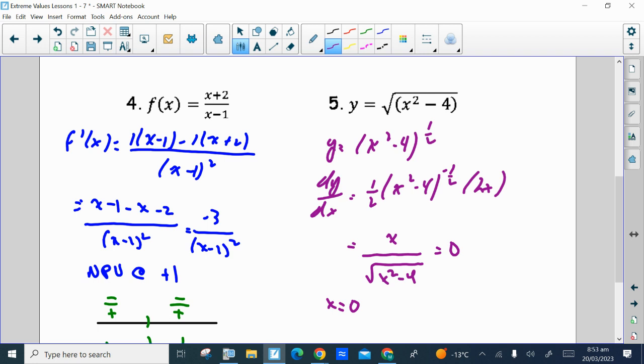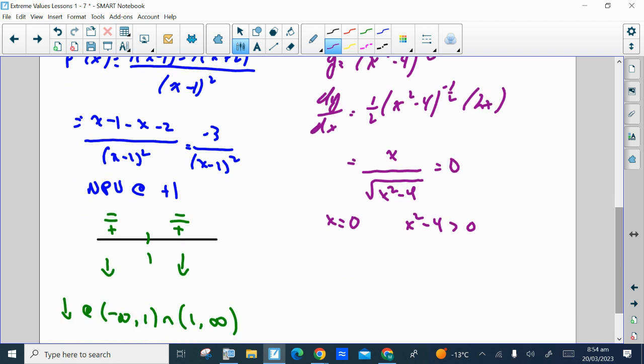But there's something else we have to look at in this case, and that is that we have restrictions on x squared minus 4, because you're taking the square root of x squared minus 4. So x squared minus 4 has to be greater than 0. We talked about this before when we talked about the domain of functions.